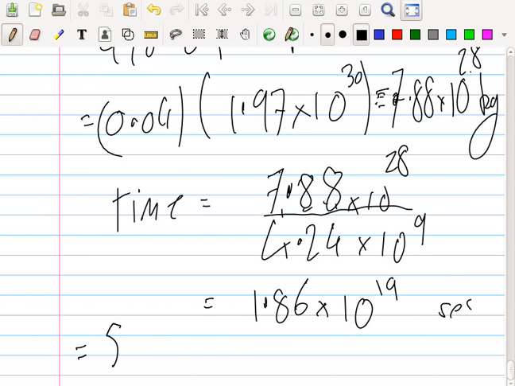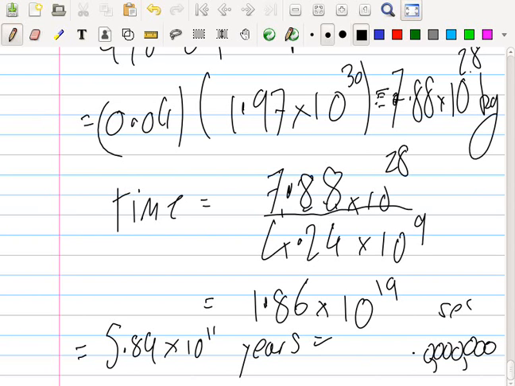So this is 5.89 times 10 to the 11 years, which is the answer they have here. Which is, how many zeros? 11? 1, 2, 3, 4, 5, 6, 7, 8, 9, 10, 11.